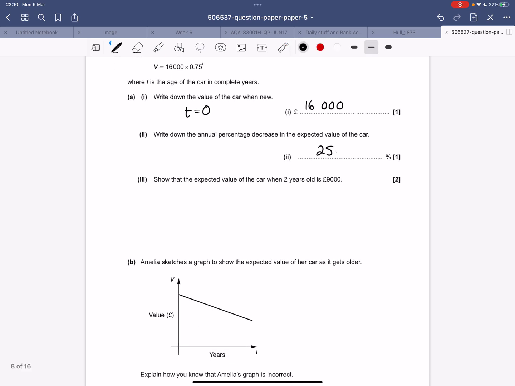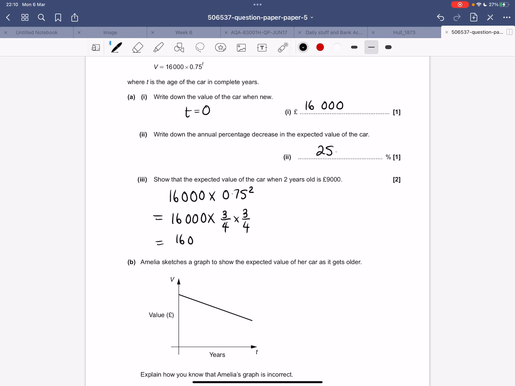Okay, show that the expected value of the car when 2 years old is £9,000. So 16,000 times 0.75 squared, 2 years old in there. So it's 16,000 times 3/4 times 3/4 again.